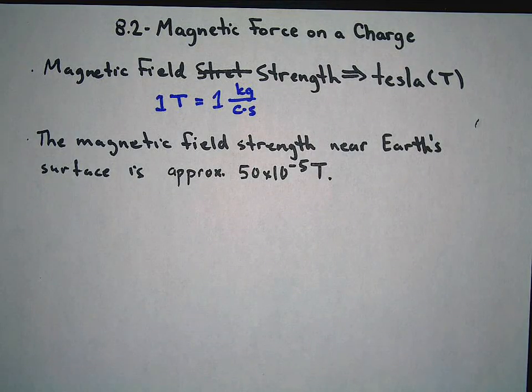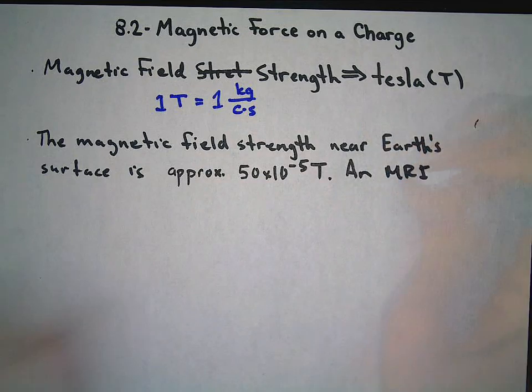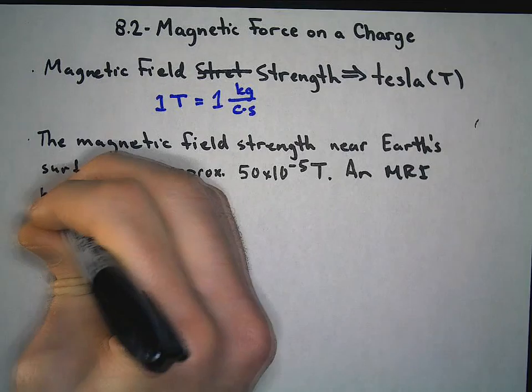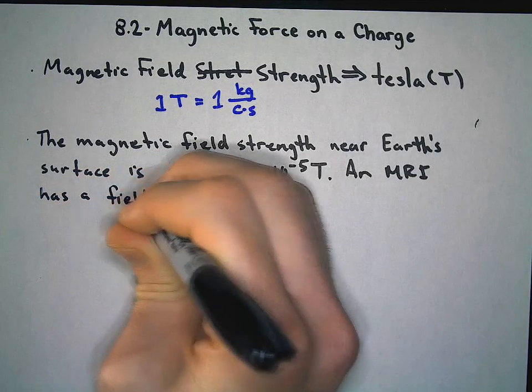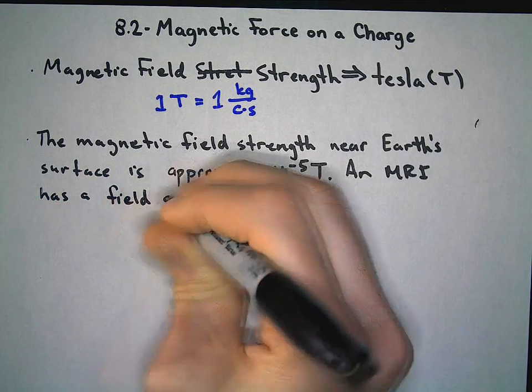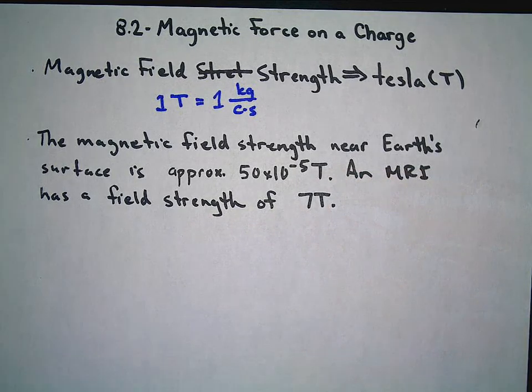And why am I mentioning this whatsoever? Well, here's the reason why. An MRI has a field strength of 7 Teslas.